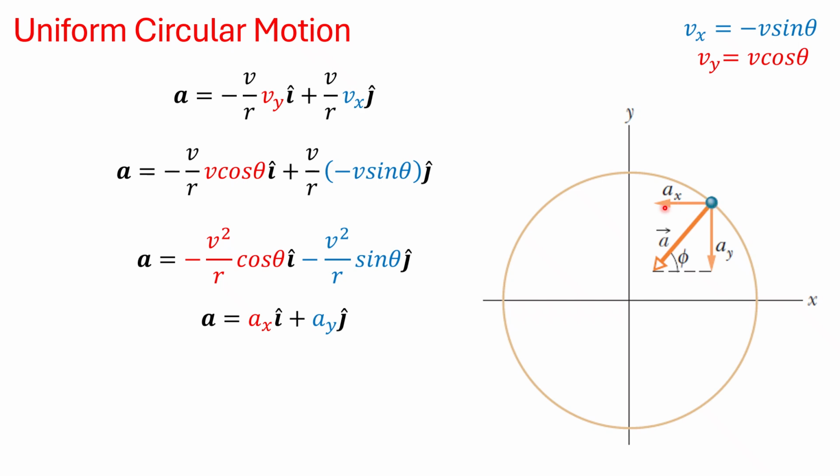This is the ax component and this is the ay component, and if you draw the resultant a bar, it makes an angle phi, say, with the x-axis. So ax I am rewriting as minus v squared upon r cos theta and ay as minus v squared upon r sin theta. We can find the magnitude of a vector, we very well know it from 11th level physics.